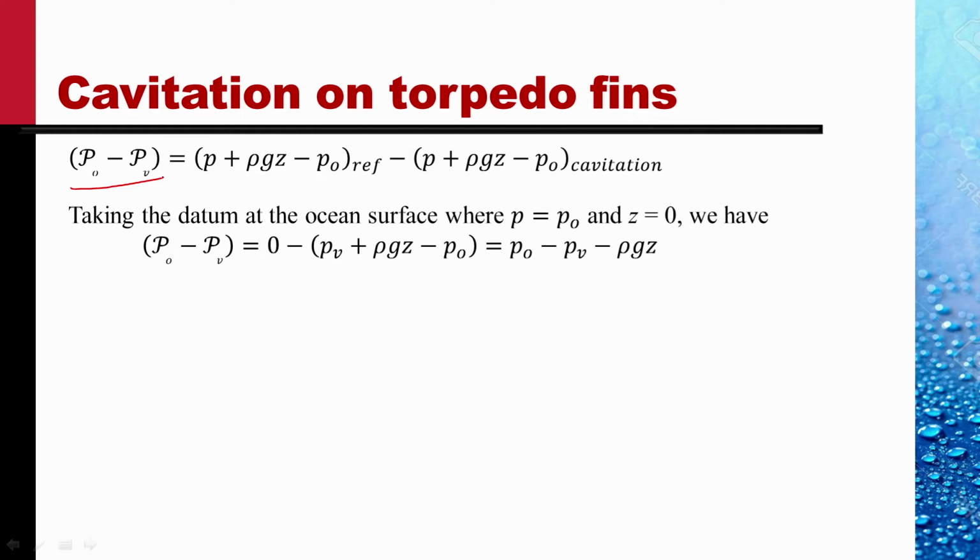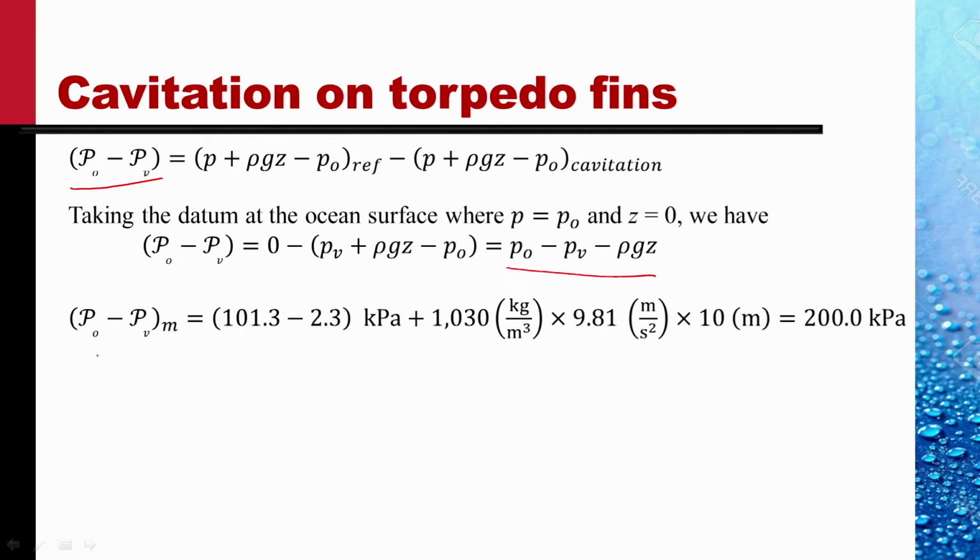Taking the datum at the ocean surface where P is P naught and z is equal to 0, we determine the value of script P naught minus script PV as P naught minus PV minus rho g z. For the model, this value is determined to be 200 kilopascal.